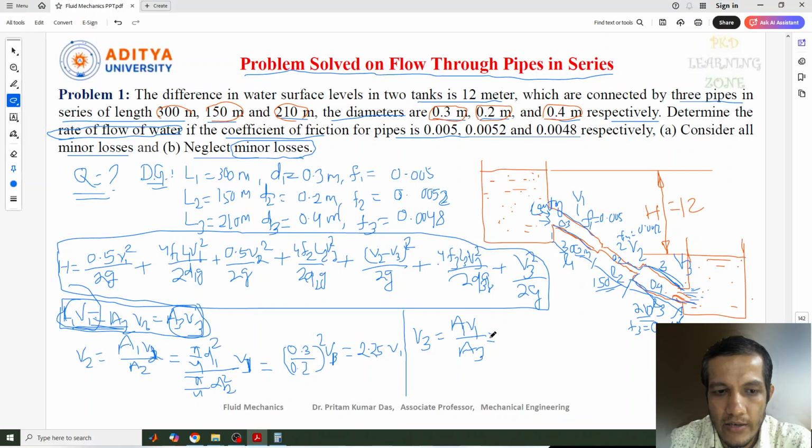Finally, cancelling, we get d1 square by d3 square into V1. Now I am converting everything in terms of V1. Now d1 is 0.3, so we get (0.3 divided by 0.4) whole square into V1, so 3 by 4, that means 0.75.